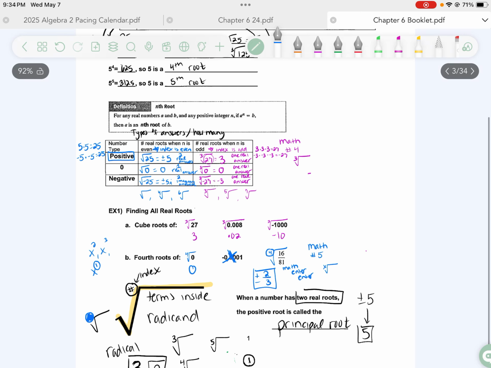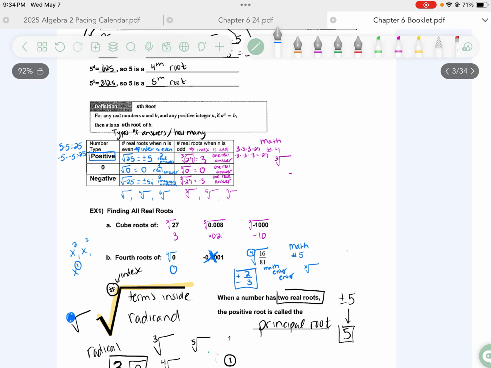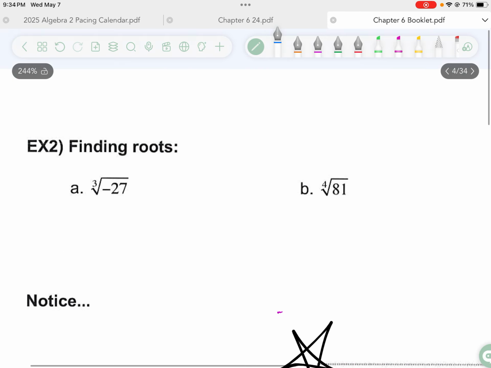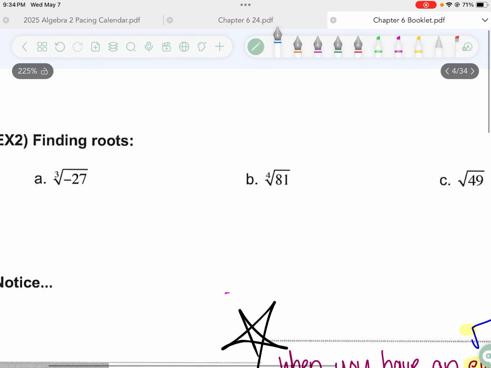All right, so go ahead to the next page. This is our last page here. Go ahead and try those 3 problems for me, please.